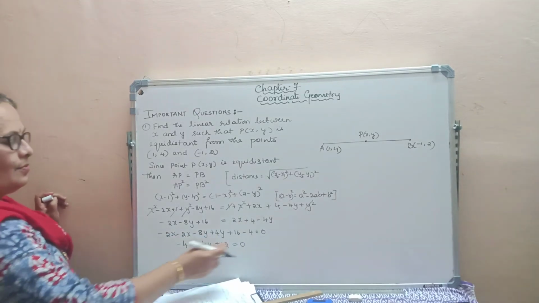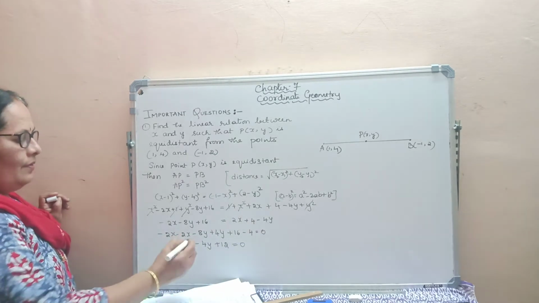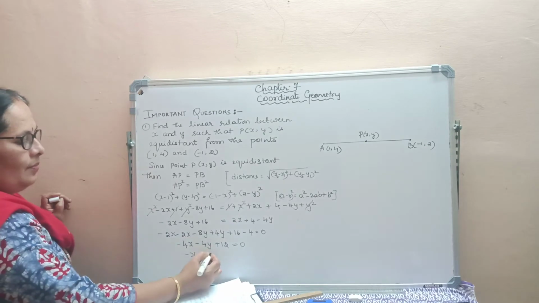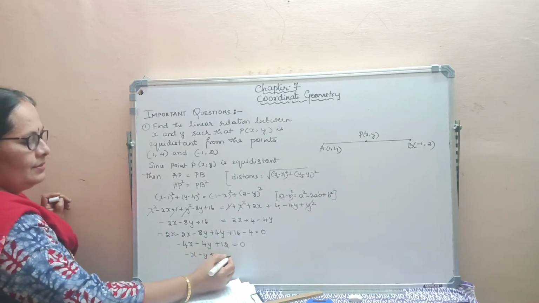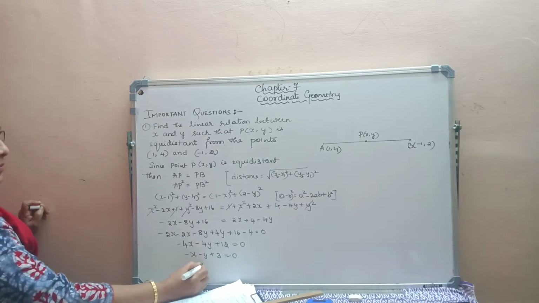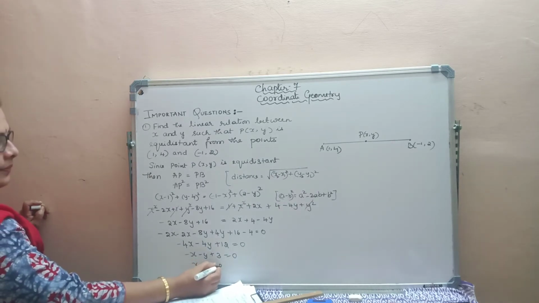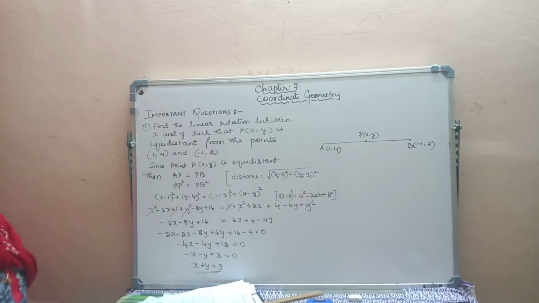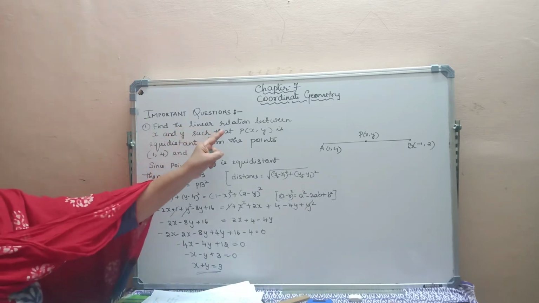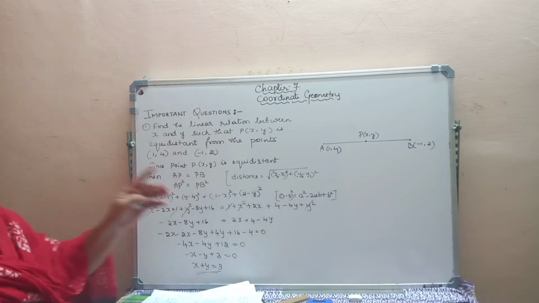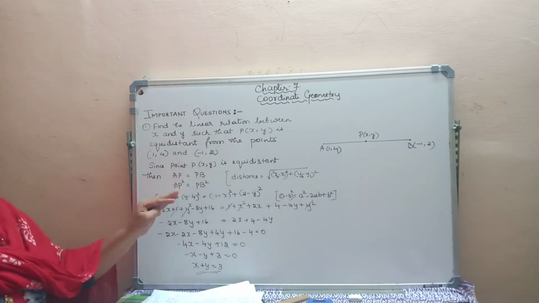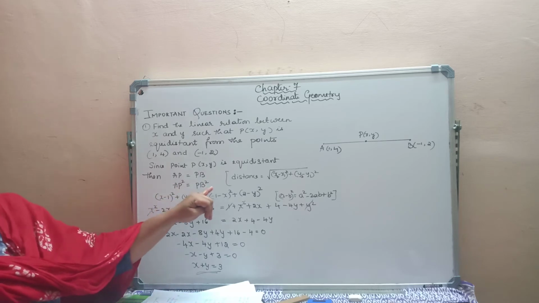Now divide both sides by 4, we get minus x minus y plus 3 equals 0, or we can write it as x plus y equals 3. So this is the relation between x and y. So when the condition of equidistance is given, you can take AP equals PB. Squaring on both the sides, AP square equals PB square.